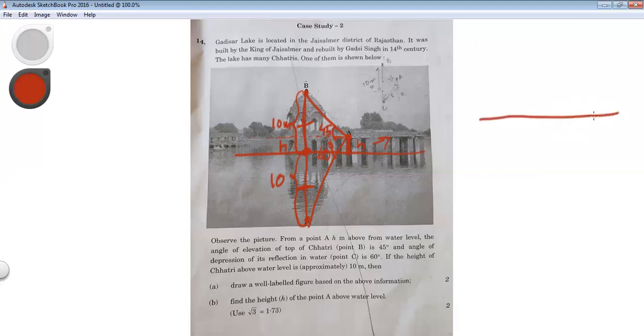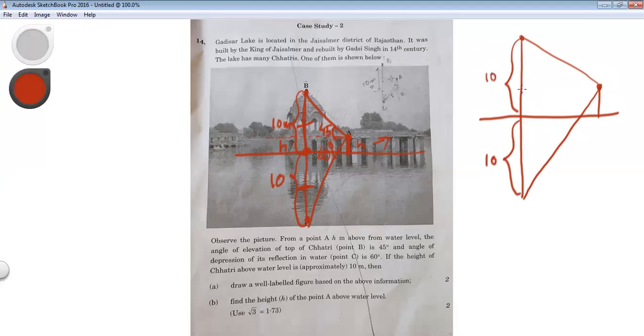Now if I draw the diagram here again, this is the level. Let me draw it again nicely. This is how you must draw it. Since reflections are always equal, this will be 10 and this will also be 10.